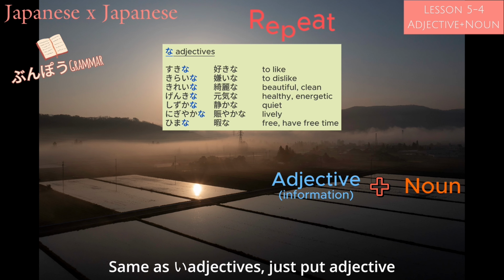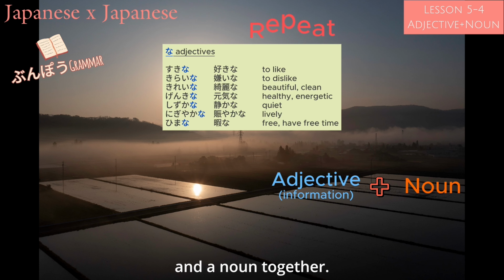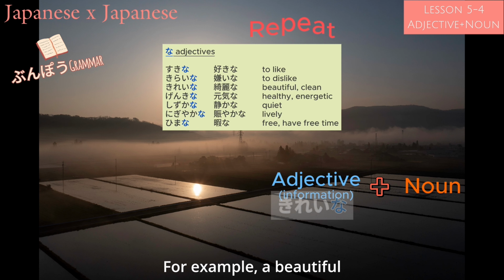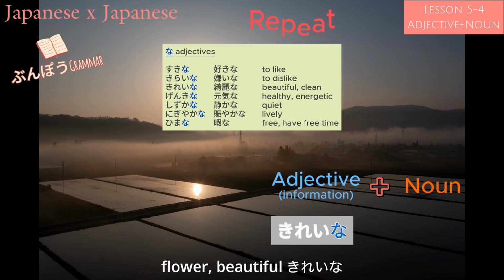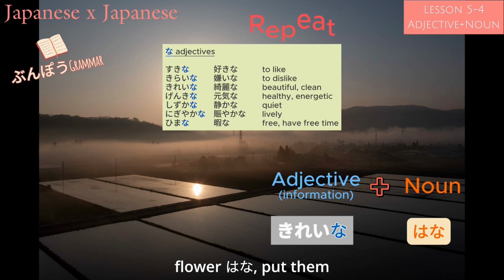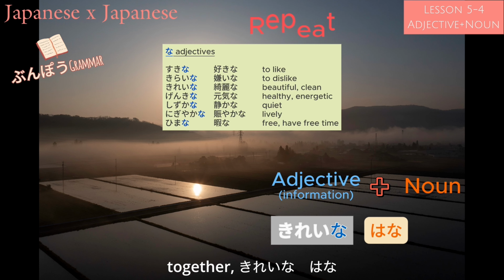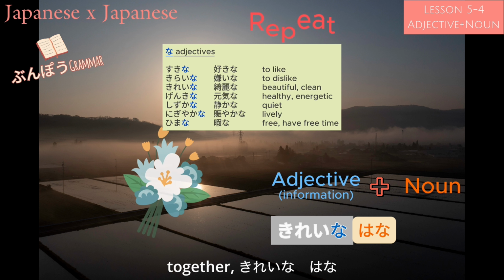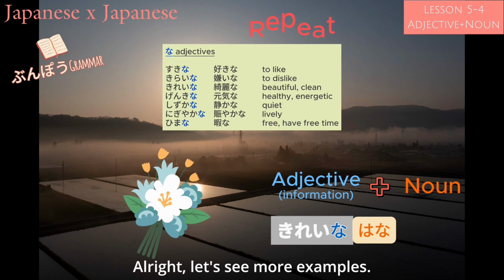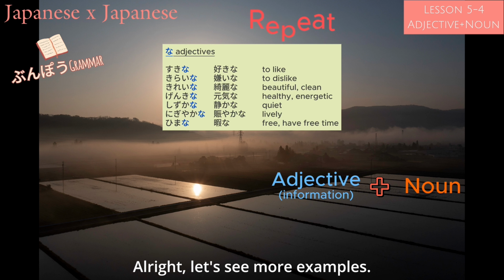Then the na adjectives. Same as e-adjectives, just put adjective and a noun together. For example, a beautiful flower. Beautiful, きれいな. Flower, 花. Put them together. きれいな花. Alright? Let's see more examples.